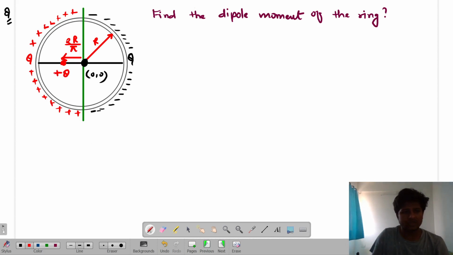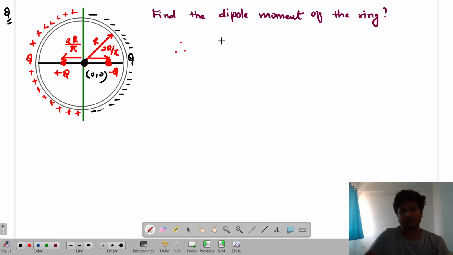So plus q will exist over here. Similarly, minus q will exist over here, also at 2r by pi.